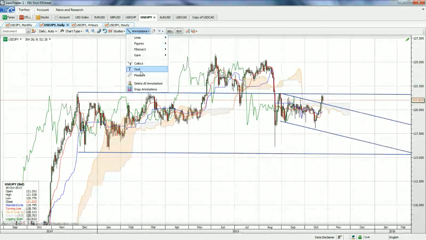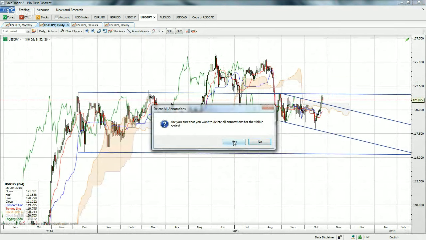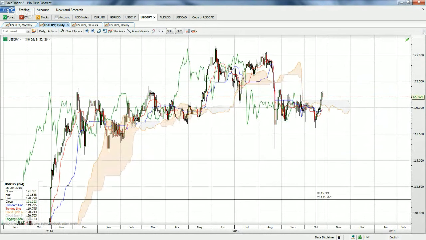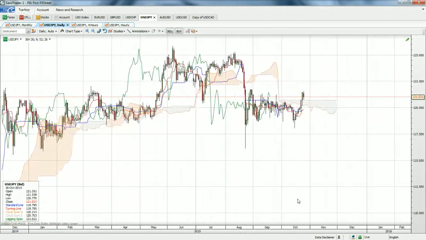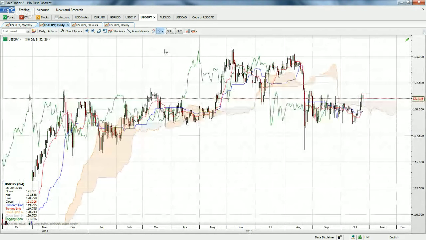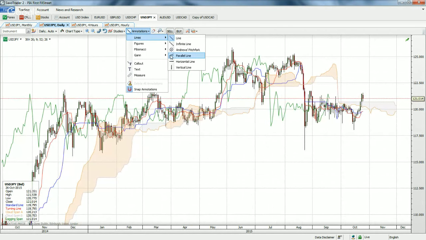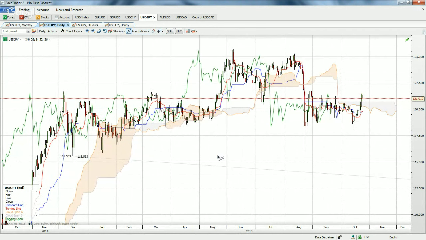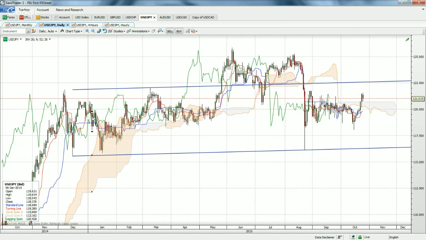I'm just going to clear these so I can highlight what we're thinking at the moment with regards to dollar yen. So we're just going to put a channel formation on. If you notice here, this high and this high line up nicely with these two lows.